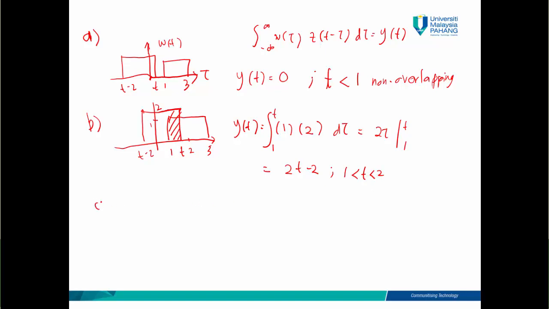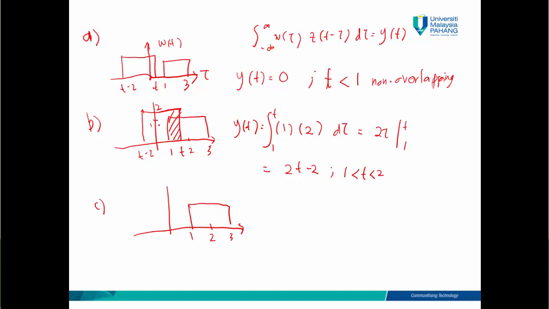Okay, for the third condition, we shift again the z signal towards positive infinity. So the drawing is like this. This is w(t).